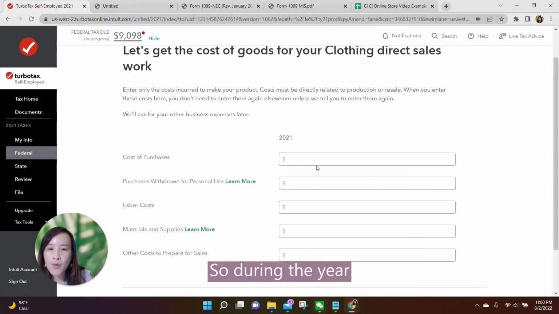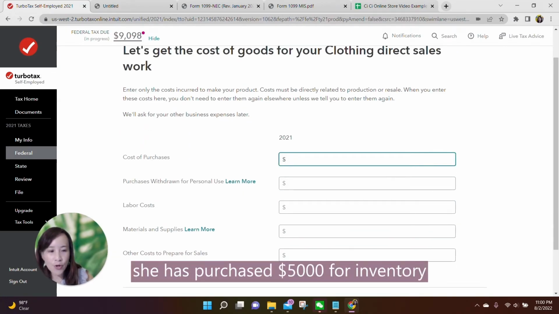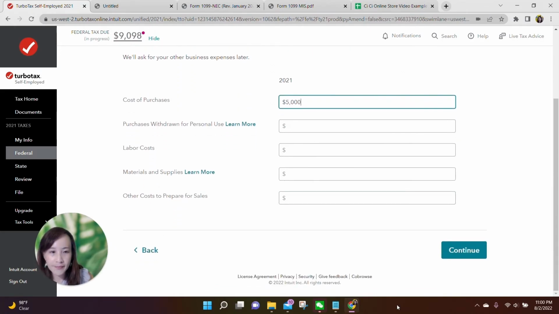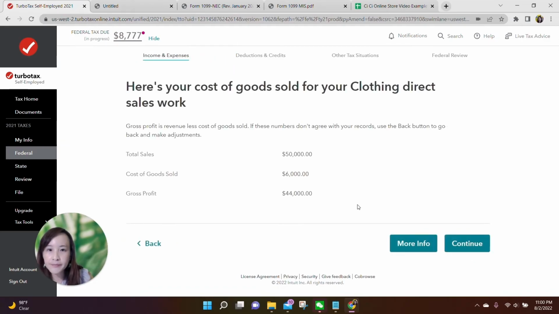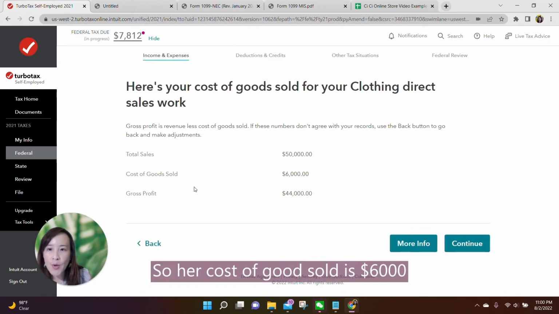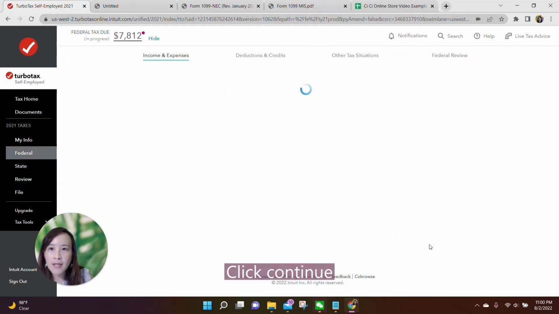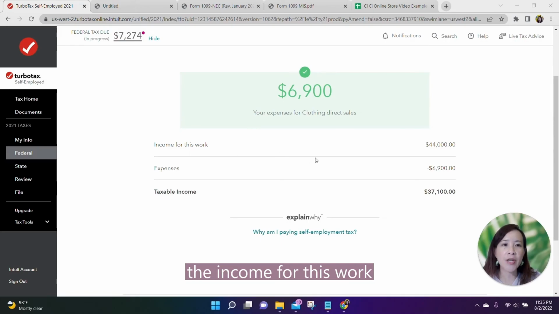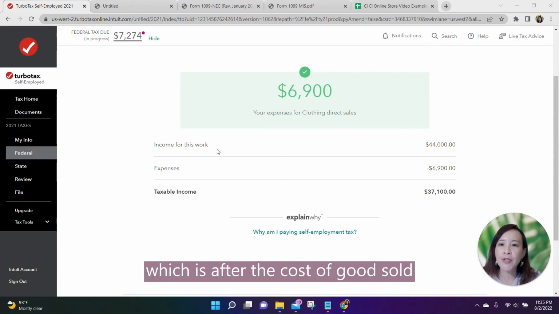Alright, so during the year she has purchased $5,000 of inventory. So her cost of goods sold is $6,000. Click continue.